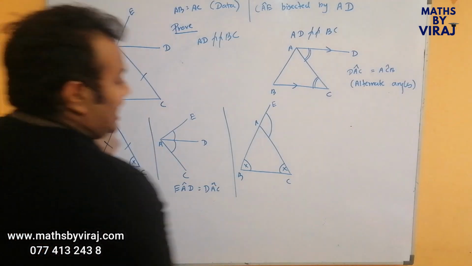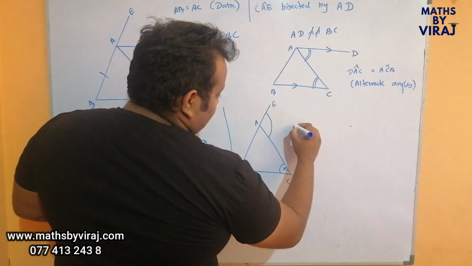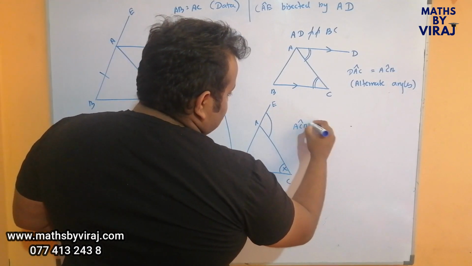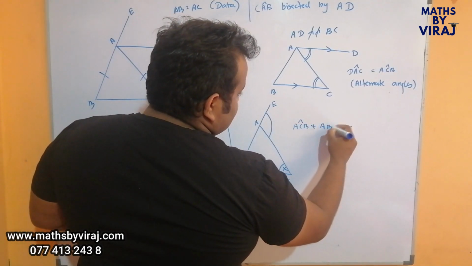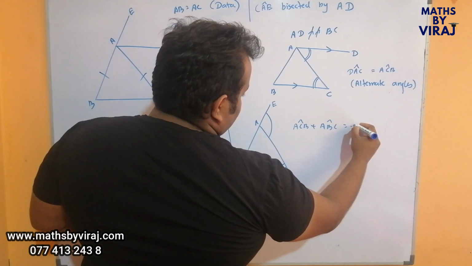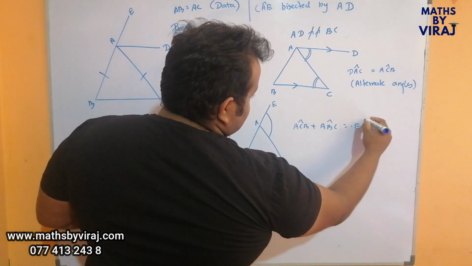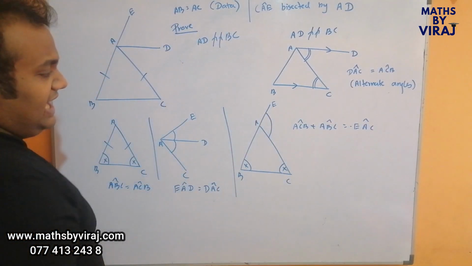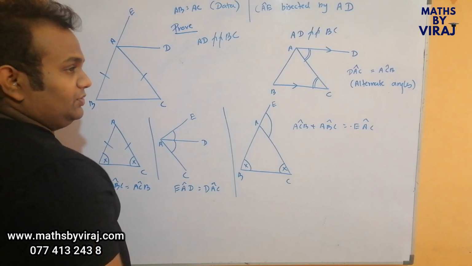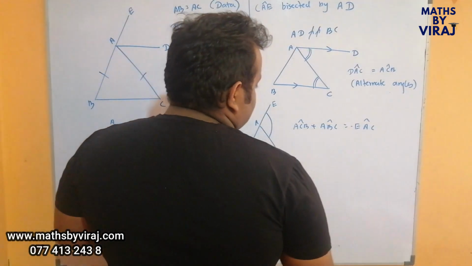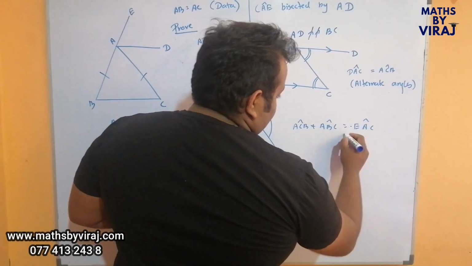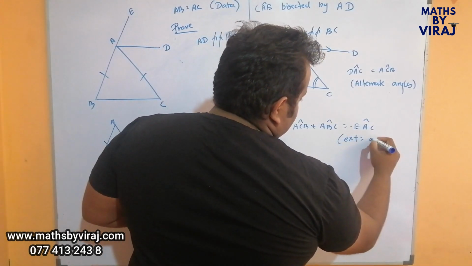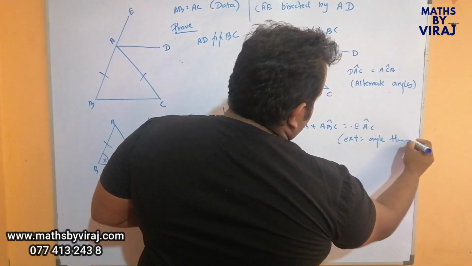That is, I can say that angle ACB plus angle ABC is equal to angle EAC. Exterior angle is equal to addition of the two interior opposite angles.